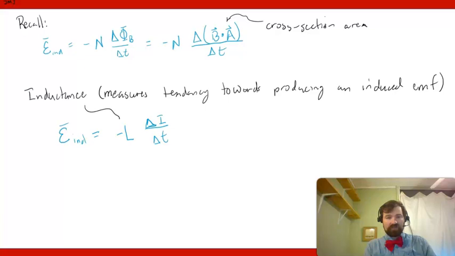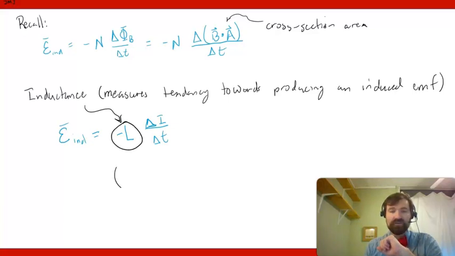So this right here would be self-inductance, or if you have two objects, you'd have maybe an M for mutual inductance. So what we're doing in today's video is just simply stating the result for this term right here.